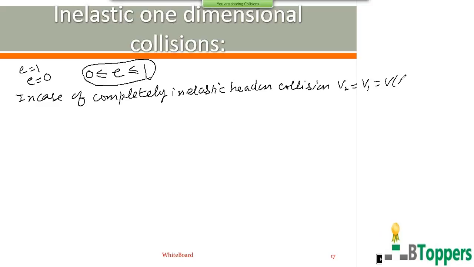Let V denote the common velocity. For any one-dimensional collision, you can write m1 v1 plus m2 v2 equal to m1 u1 plus m2 u2. So substituting here v2 equal to v and v1 equal to v.